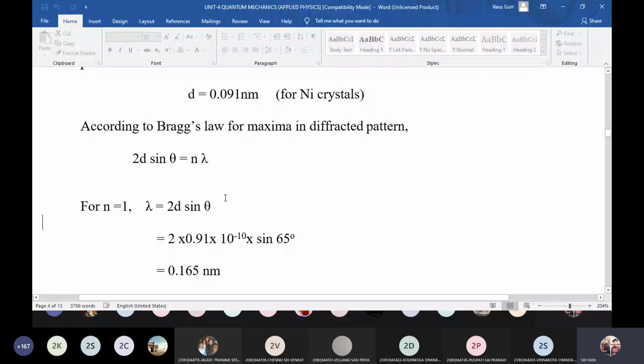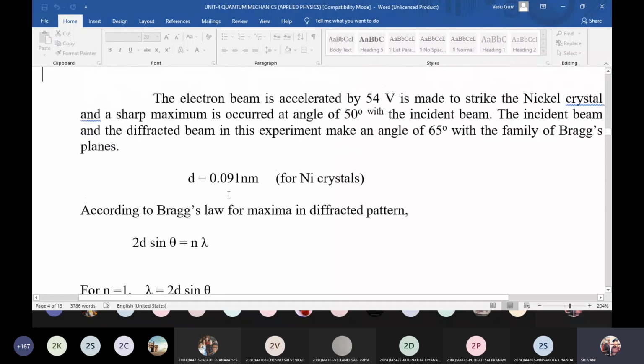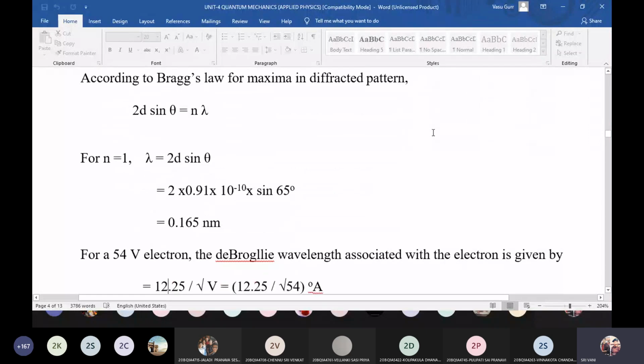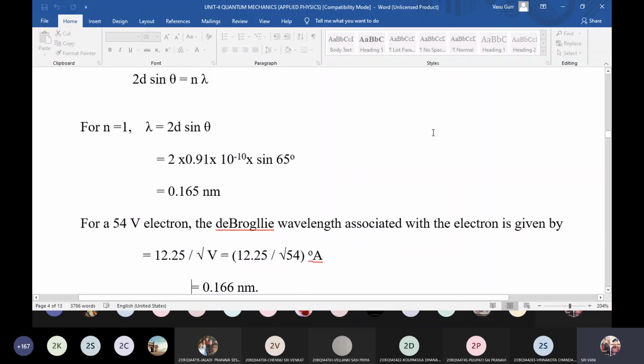So already we know that the diffraction angle in the present experiment is 65 degrees. So we can substitute in this experiment. By simplifying all these values, we will get the wavelength of the electron beam as 0.16 nanometers.